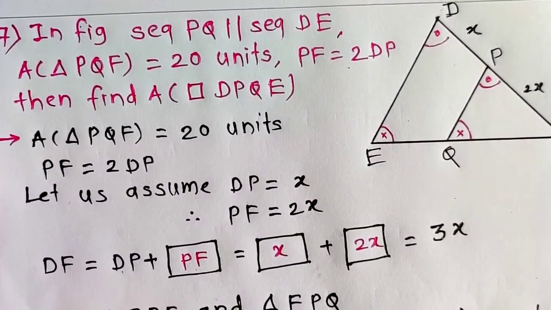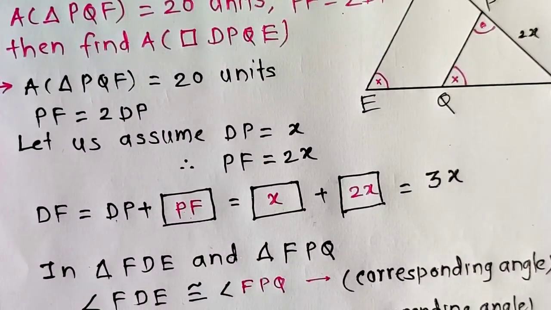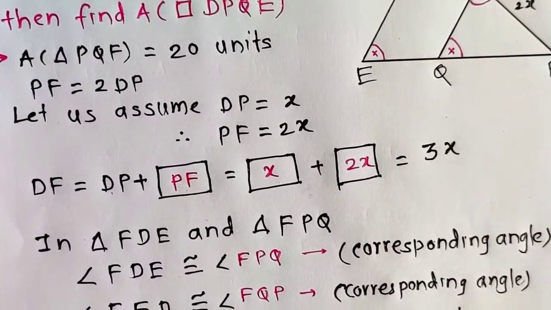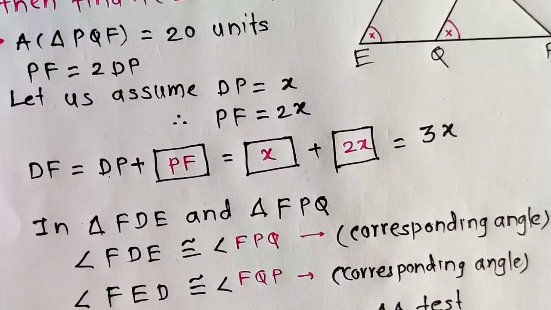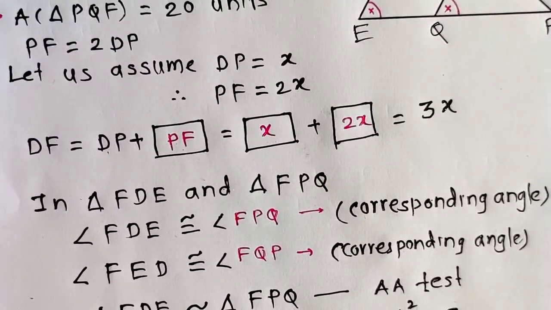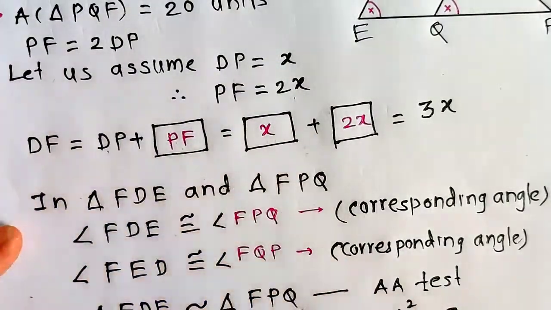We have to complete the activity. Now area of triangle PQF, 20 units, given. FP is equal to 2DP. So let DP be x, so FP becomes 2x. So the DF side can be written as DP plus PF, which is x plus 2x. Substitute the values, we get 3x.